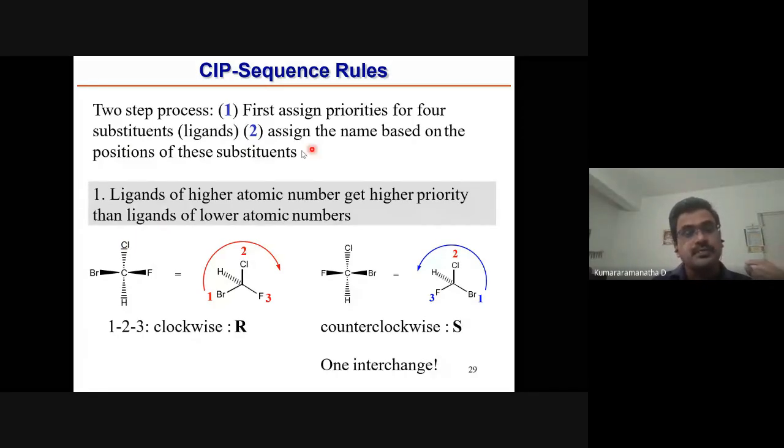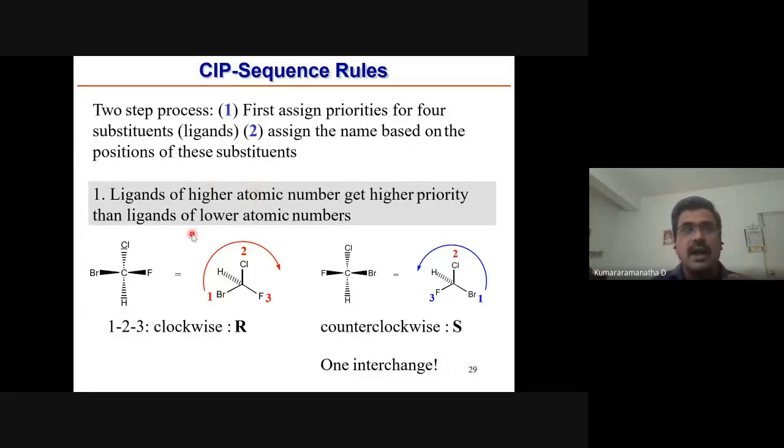Now assign the name based on the position of the substituents. As all of you are already aware, the ligands with higher atomic number will get higher priority. Obviously, ligands with lower atomic number will get the least priority.